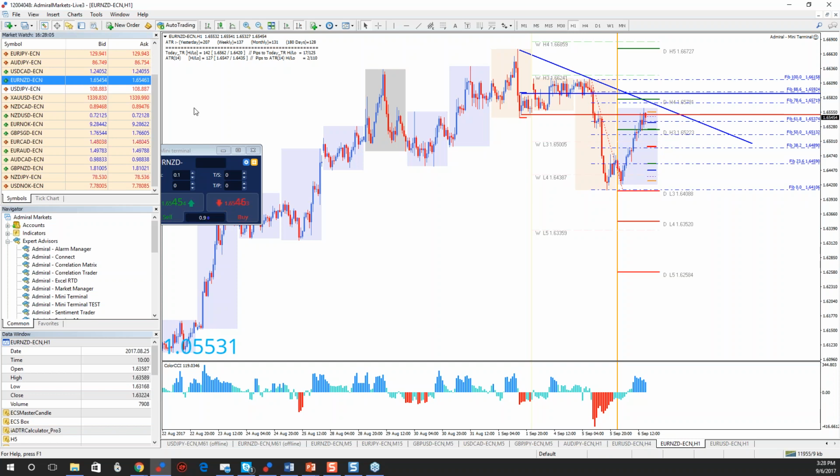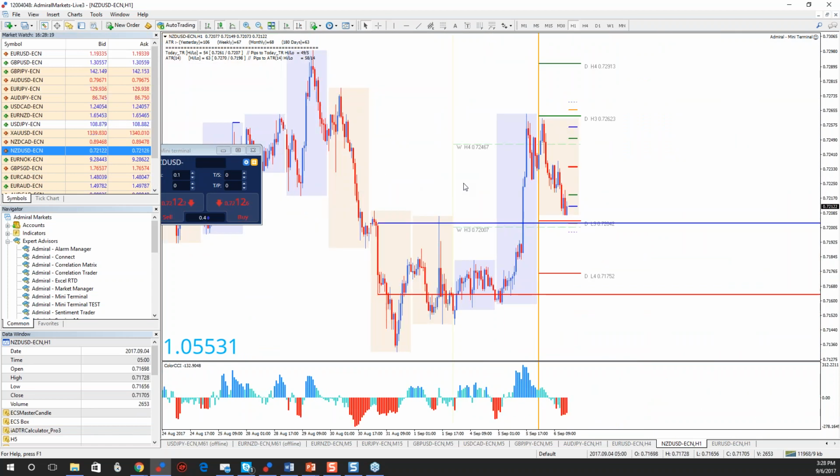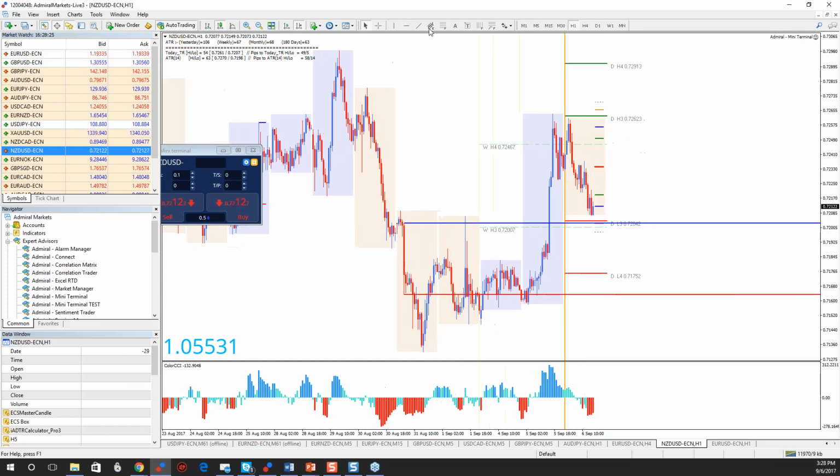What do you think about New Zealand dollar? Okay, let's see New Zealand dollar. Yeah, this was selling from the M. So this is an M pattern here.